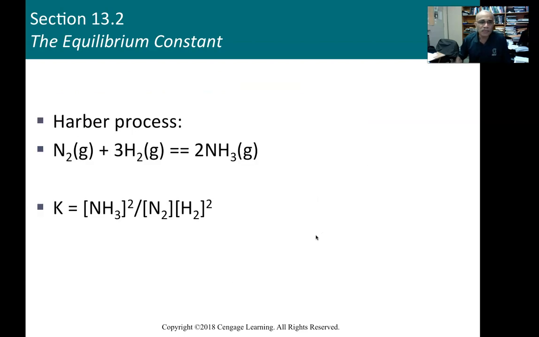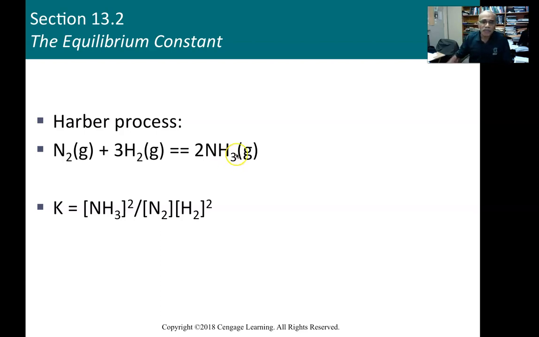And now let's look at another reaction. This reaction is a very famous reaction because it was used after World War I, I believe, discovered by a German chemist or scientist, and that is called the Haber process, where ammonia is formed, or ammonia is made.